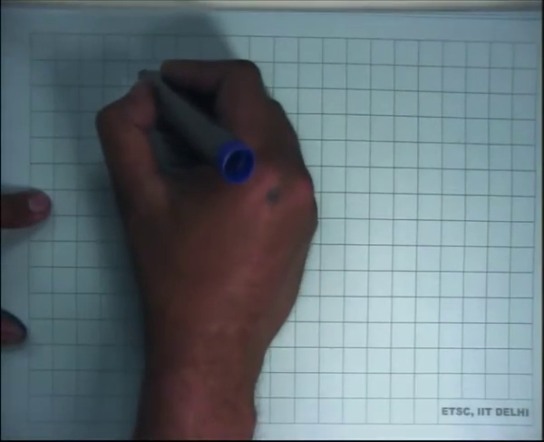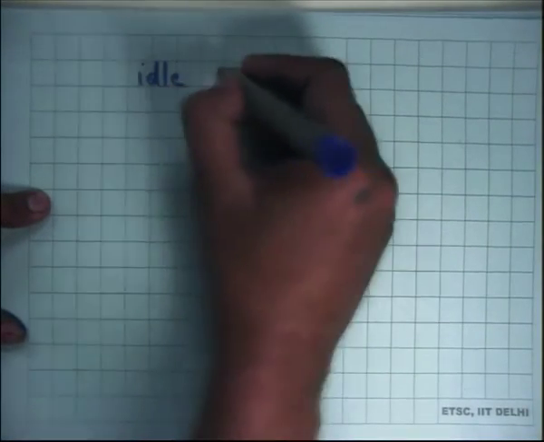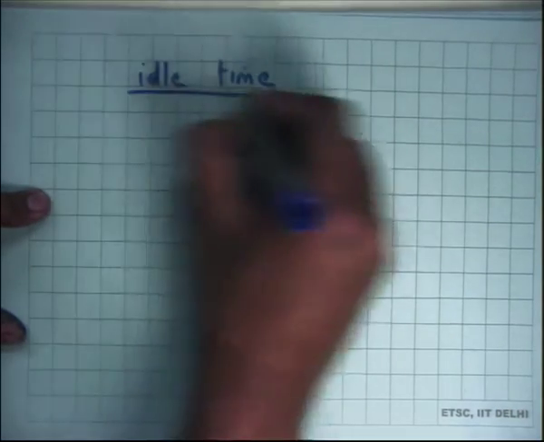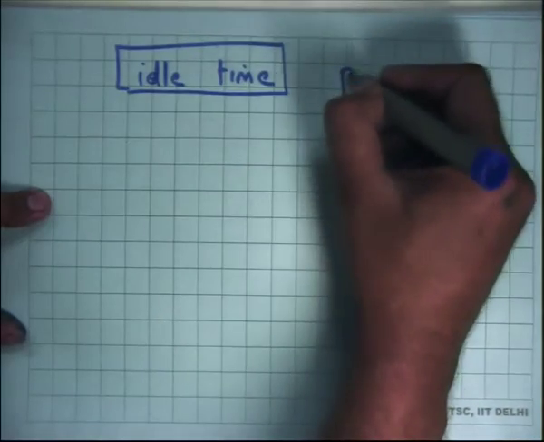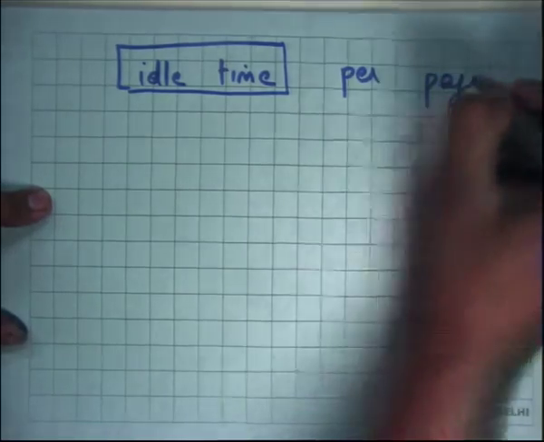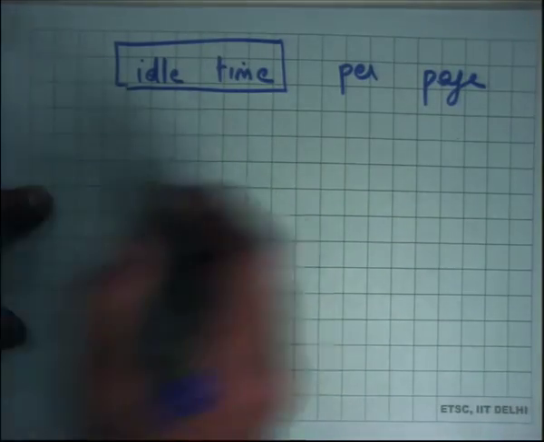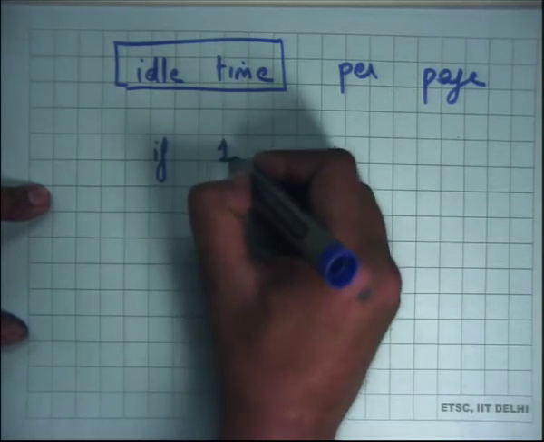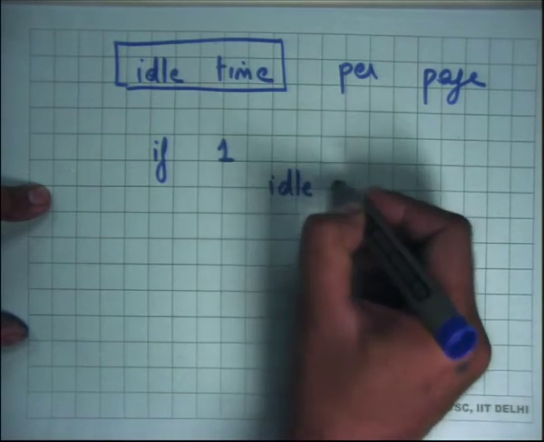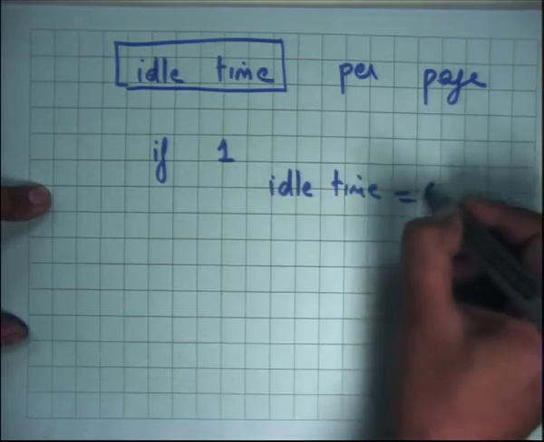With each page, keep a field called idle time per page. In the clock algorithm, if you see a 1, then set idle time to 0 for that page.